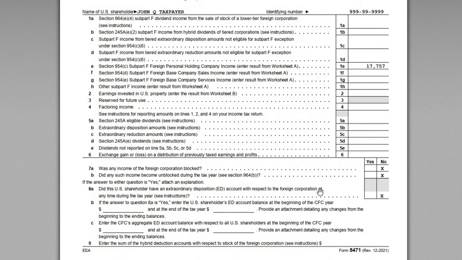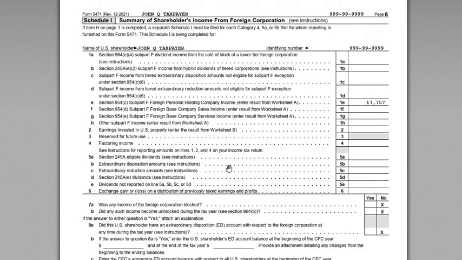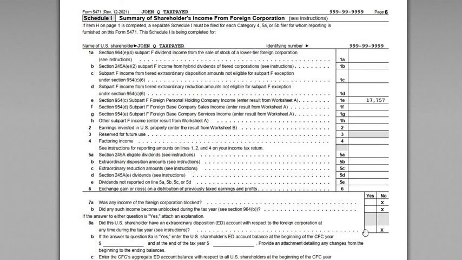And of course, like the other schedules, for some of these more complicated questions and examples, I will have separate tutorials. But for purposes of this fact pattern example, we're trying to keep it relatively simple and straightforward. That's why we're having no answers for these, because they don't apply, and we're not trying to make this example more complex than it needs to be.